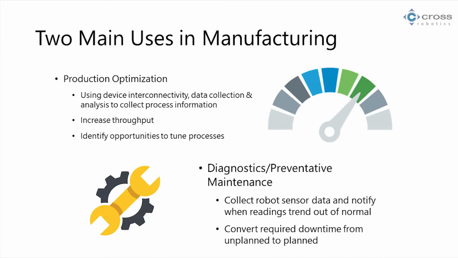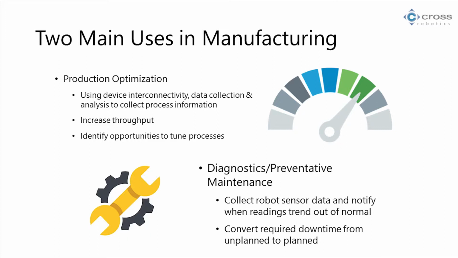Diagnostics and preventative maintenance is the other use. With robots specifically, you can collect the sensor data and figure out when you might need to run some maintenance, right? A robot, any mechanical system, is going to have some kind of wear, like components where you do need maintenance at some point. Now, do you want to be able to plan for that maintenance, or have it just pop up and all of a sudden you have unplanned downtime?